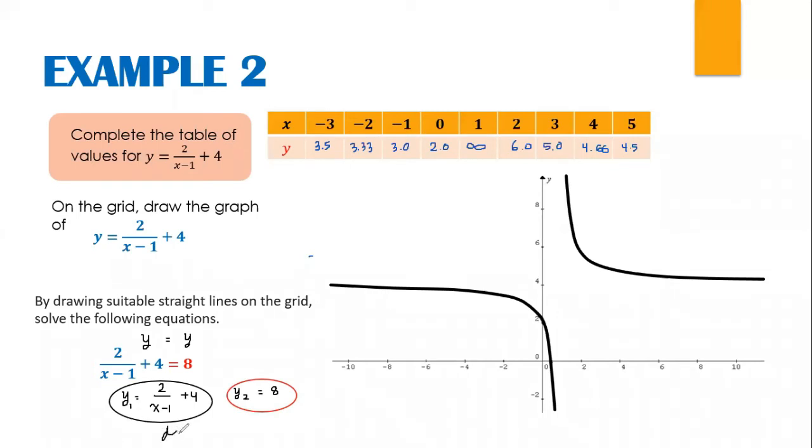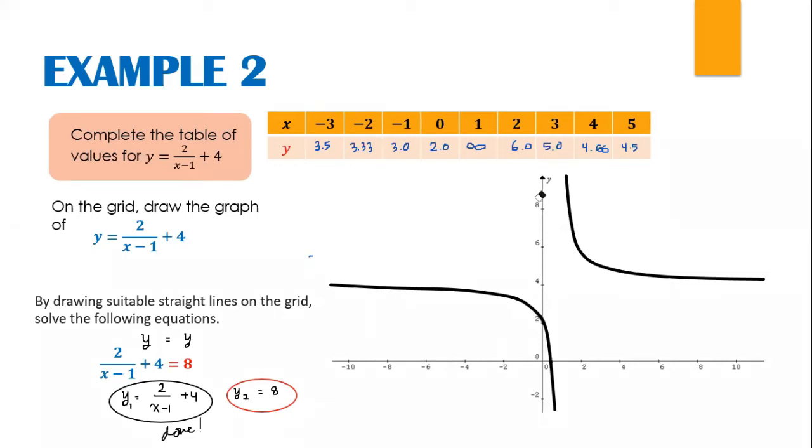This one is done, right? But y2 equals 8 is not yet. Now our job is to draw the straight line y equals 8 on the grid. Is it clear to everyone? I think so. Y equals 8 is here, right? This is y equals 8. That's a horizontal line, right?